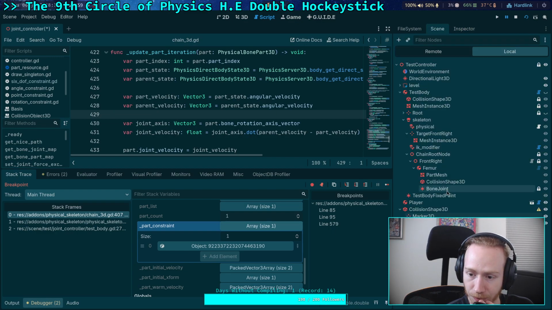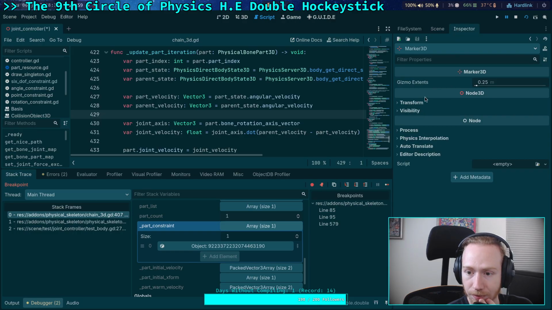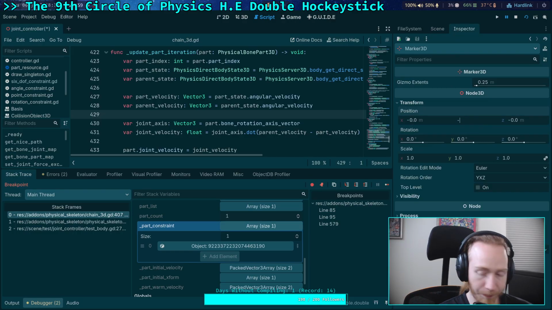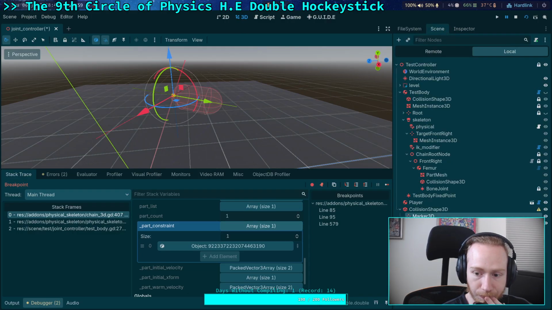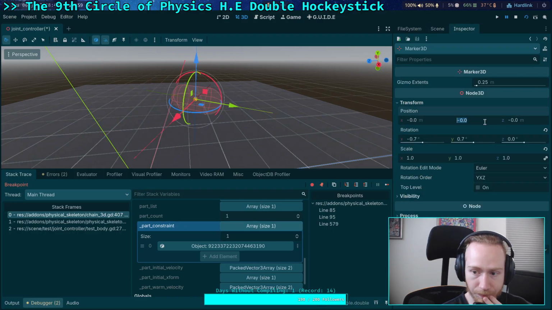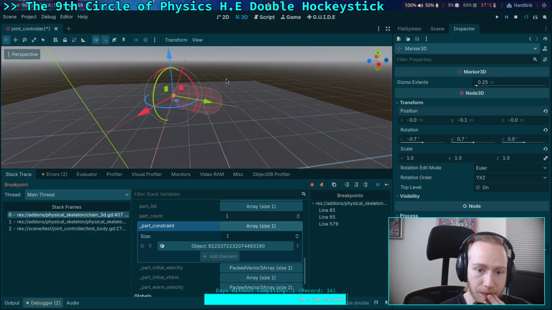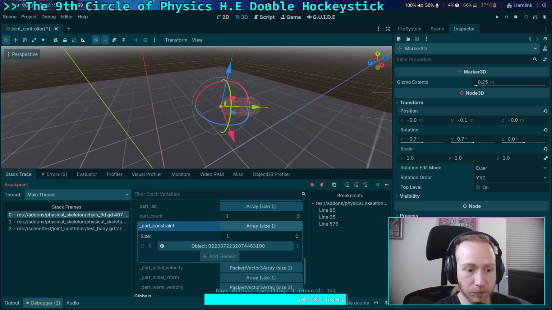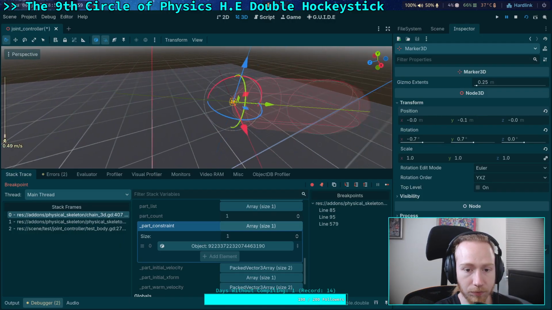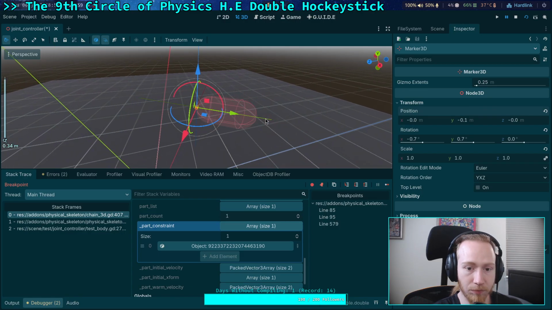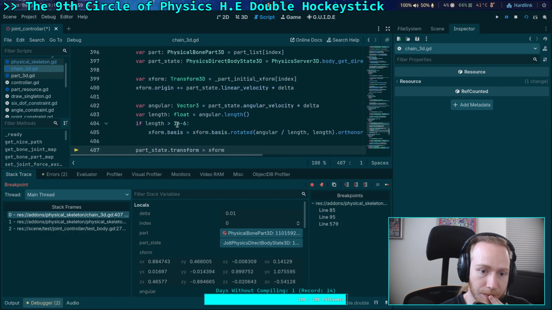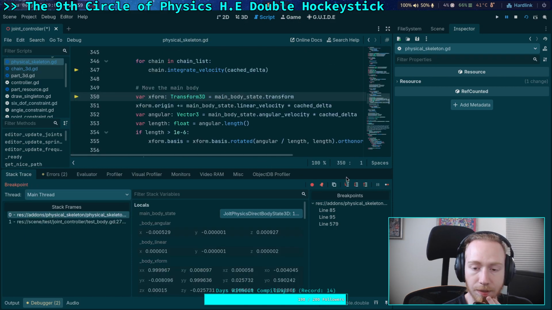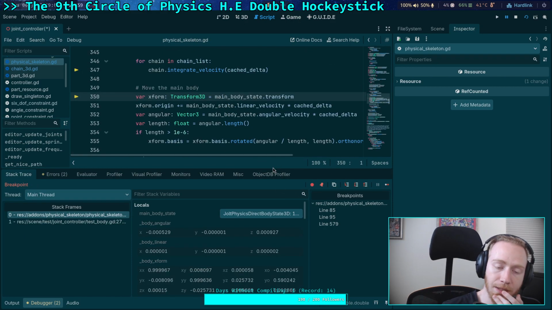Okay, I think I just make this one. This should just be. Then I can see it. I'm gonna put it there. Okay, so I'm gonna see that main body.